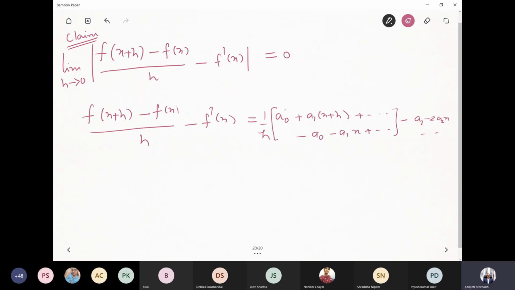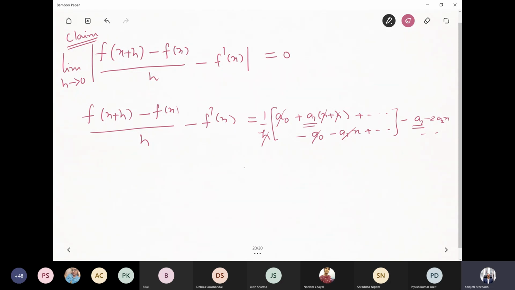So if you see here, a0 and a0 go away, and a1 x also gets cancelled. And h and h also will get cancelled, and therefore a1 and a1 also get cancelled here.